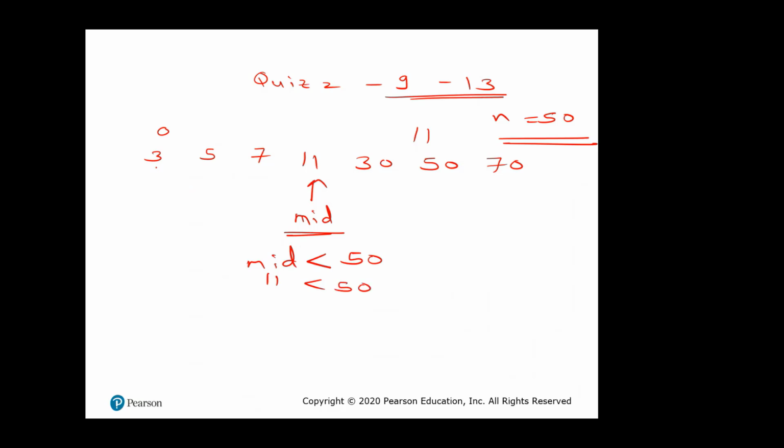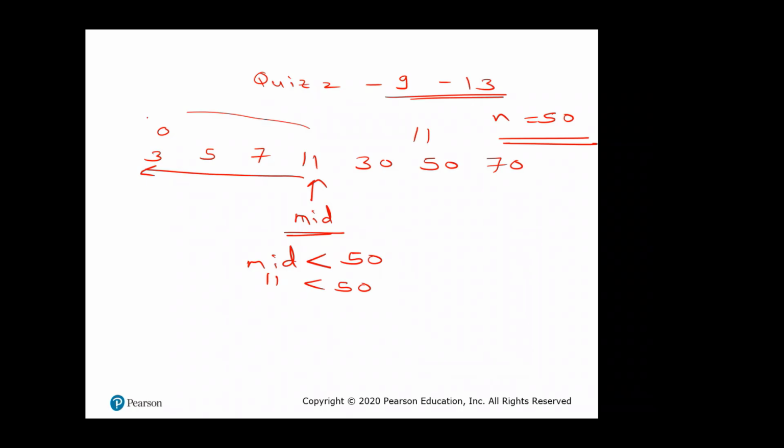So the very first number is the middle number. Again, if the index is odd, say you get 4.5, then you search the fourth index. Now, if it is less, then it cannot be in the left-hand side of the list.